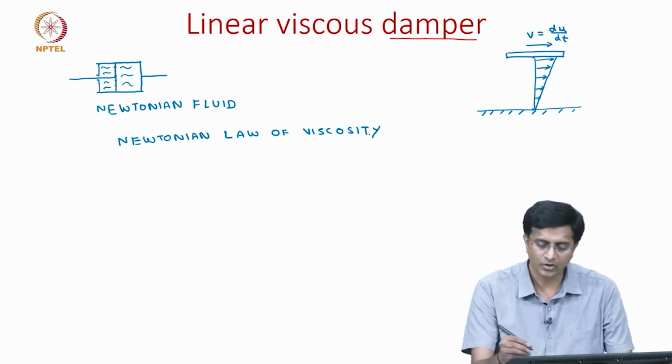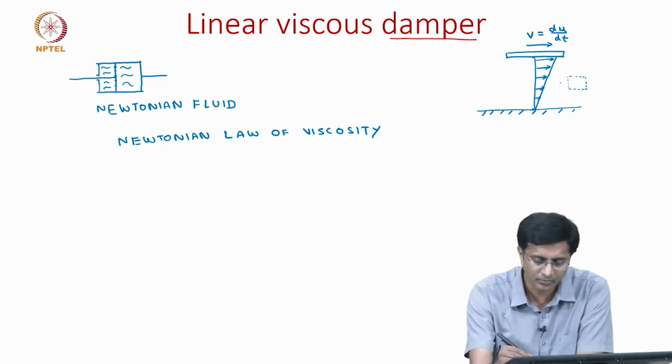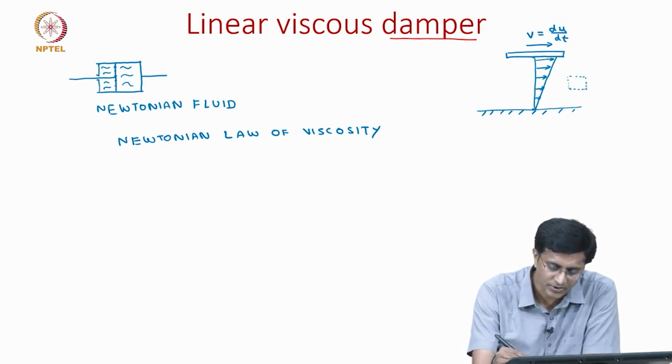In this Newtonian law of viscosity, we consider an elemental volume. Let us say the initial shape is a unit square, but then because of the shear forces it deforms. The shear stress acting, let us represent it as tau xy.